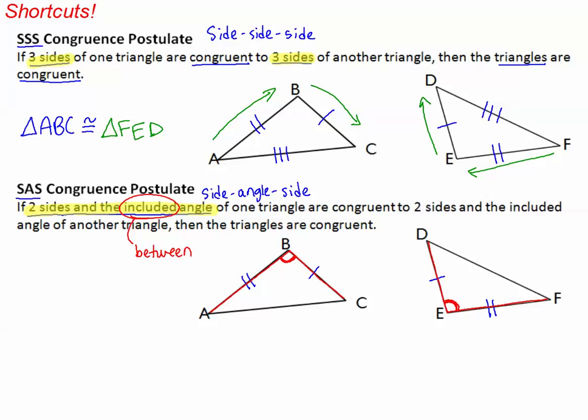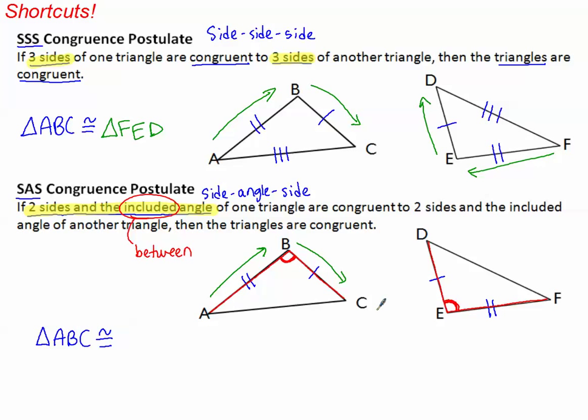I can write a congruent statement just like I did before. How do we do it when there are angles and sides marked? Let's take a look. Triangle ABC, I might choose to start, is congruent to, now just like we did before, let's examine the path we take. ABC. So I go over the double slash side, hit the marked angle, and then go over the single slash side.